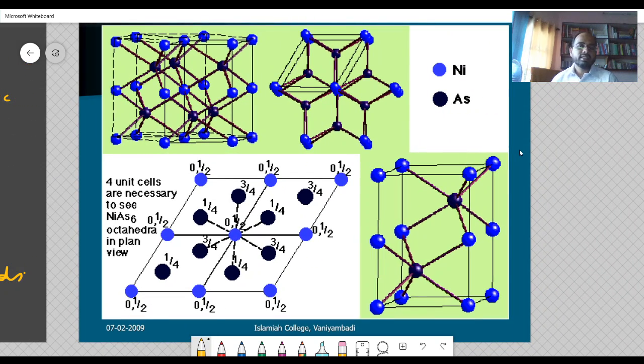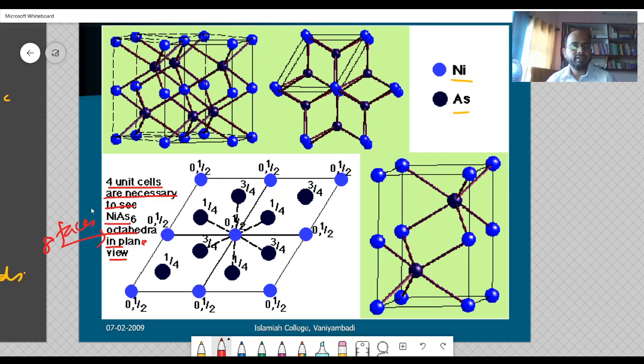So here is an example of nickel arsenide. I think most of you have this in the syllabus. Four units are necessary to see NiAs6 octahedra in plane view. Okay, this is a plane. What is an octahedra? An octahedra has got 8 faces.